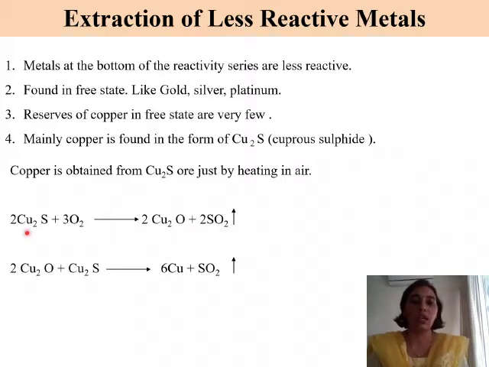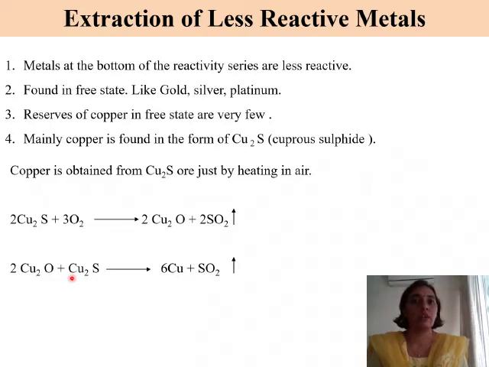Here again we have converted the sulfide ore into the oxide ore, as we had done in calcination and roasting. In the next step, cuprous oxide further combines with the remaining ore on heating, and it gives rise to pure copper and sulfur dioxide gas. So this is a two-step process in which we obtain the metal copper in the pure state.